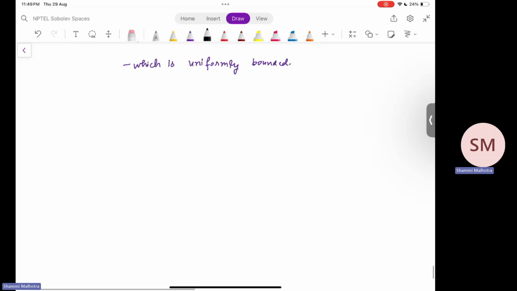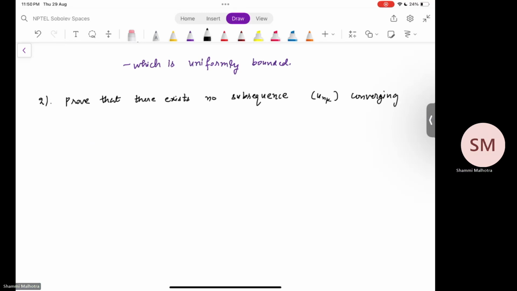The next thing which we want to prove is that there exists no subsequence u_n_k converging strongly in L^q(R) for any q lying between 1 and infinity.